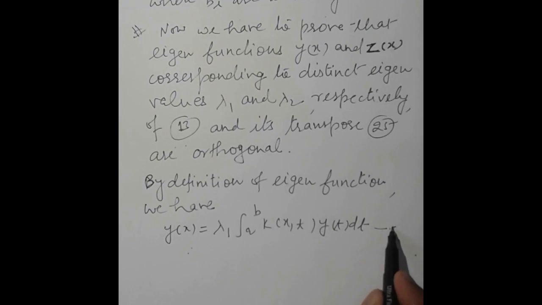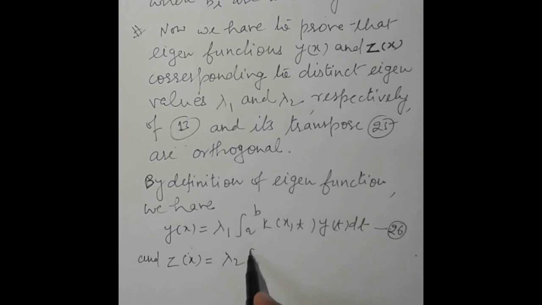This is denoted by 26, and z(x) equal to λ2, the integral from a to b, K(t,x) z(t) dt. This is denoted by 27.